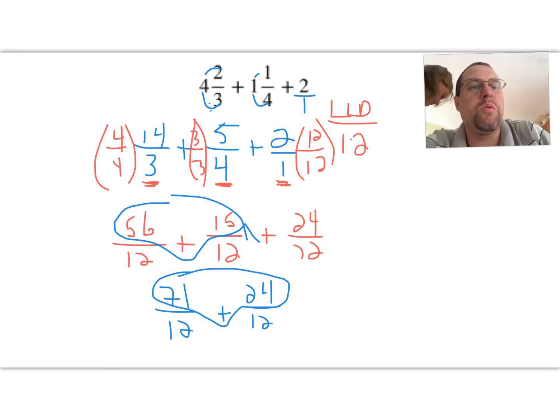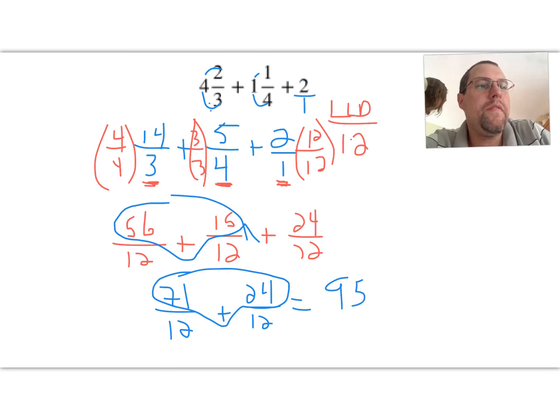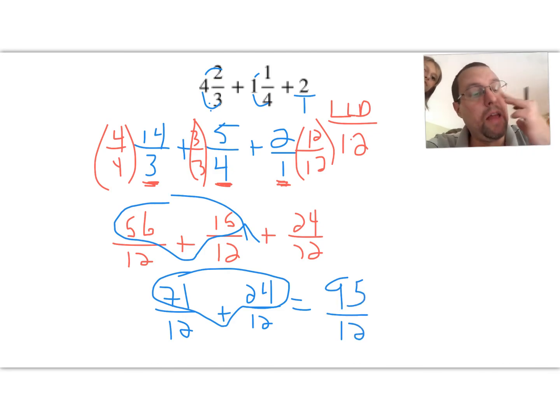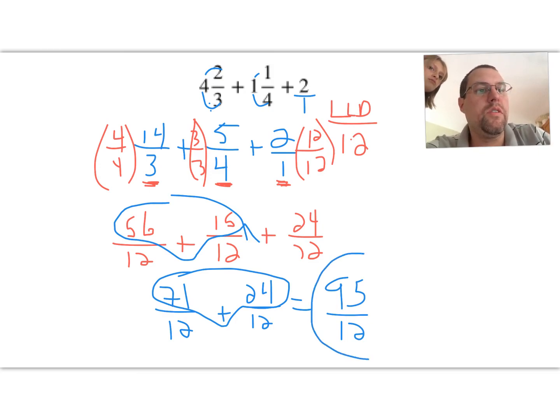So 71 and 24 is going to be 95 over 12. And now last but not least, try to reduce. Can I reduce 95 and 12? Do they share anything? No, they don't. So here it is. You can keep it as an improper fraction.